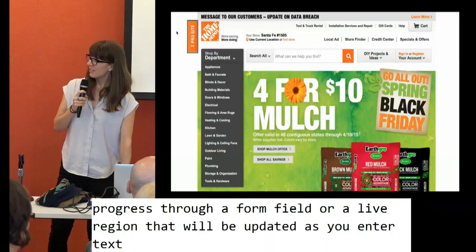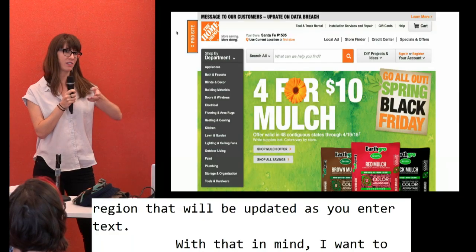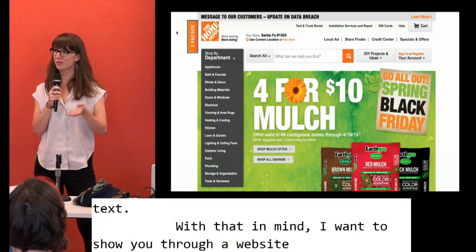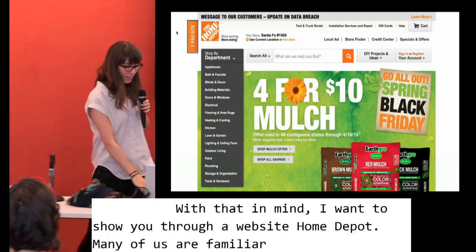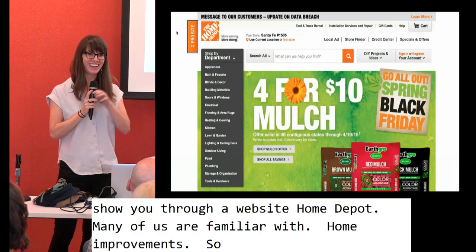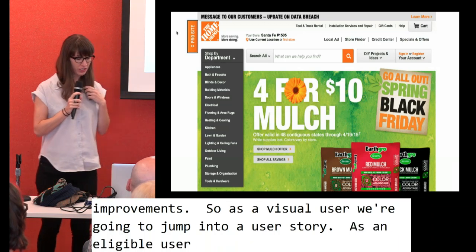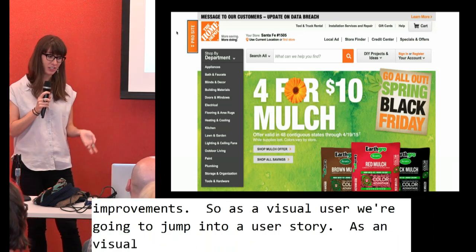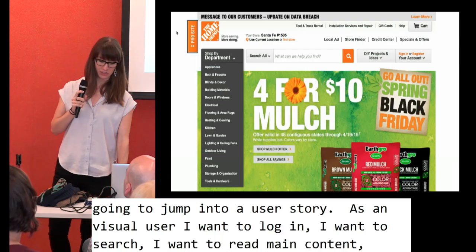With that in mind, I want to show you through a website, Home Depot, many of us are familiar with, home improvements. So, as a visual user, we're going to jump into a user story. As a visual user, I want to log in, I want to search, I want to read main content, I want to browse categories, and maybe I want to find my nearest location, find a store.